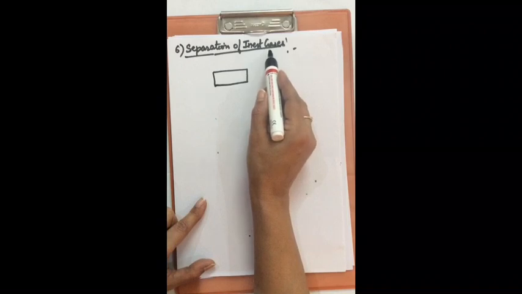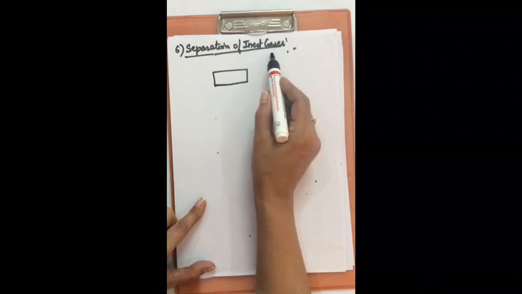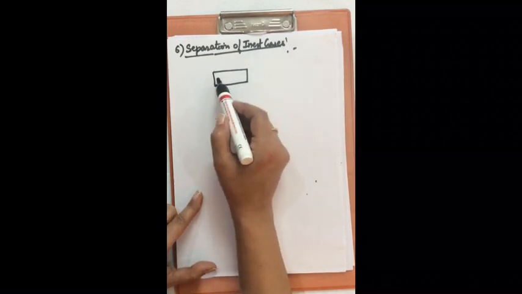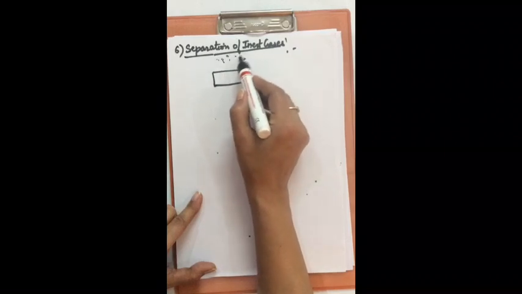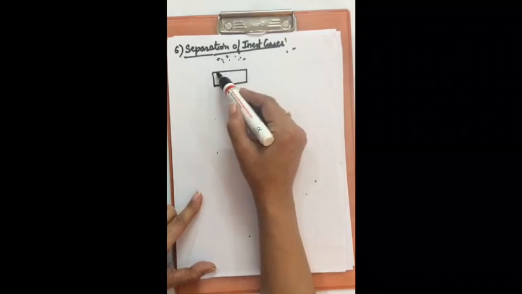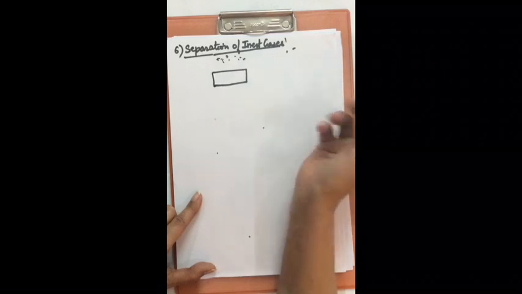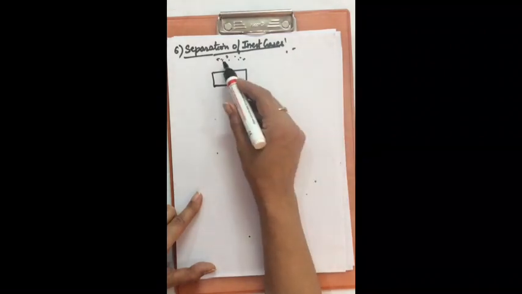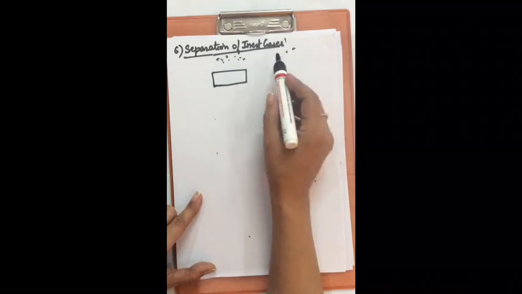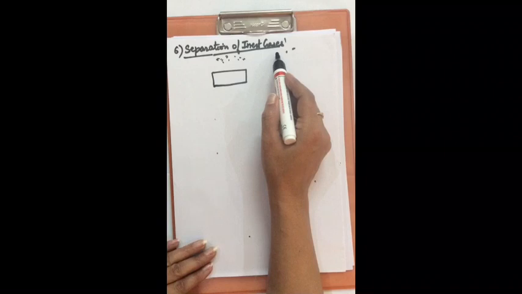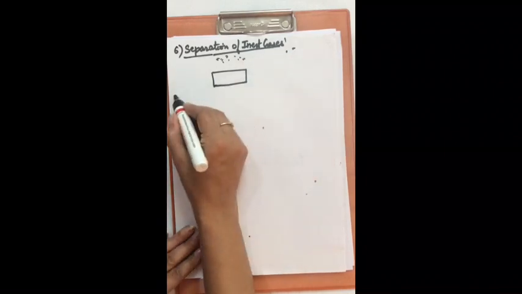So using this concept, the inert gases can be separated from a mixture. On the surface of charcoal, a mixture of noble gases gets adsorbed at different temperatures. At different temperatures, different noble gases will get adsorbed, and in this way the mixture of inert gases can be separated out into its components.